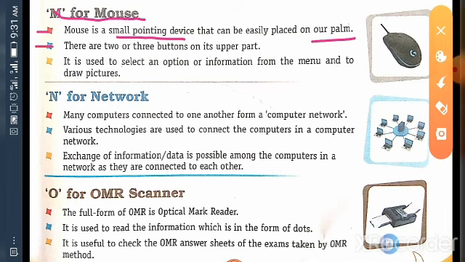Second one, there are 2 or 3 buttons on its upper part. Okay, third one, it is used to select an option or information from the menu and to draw pictures. Okay, see, this is mouse.